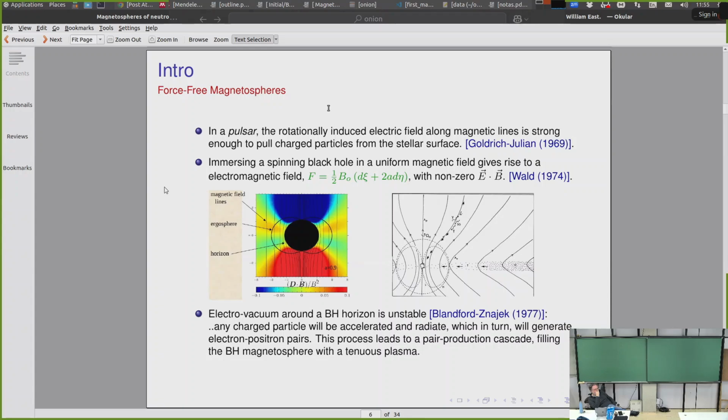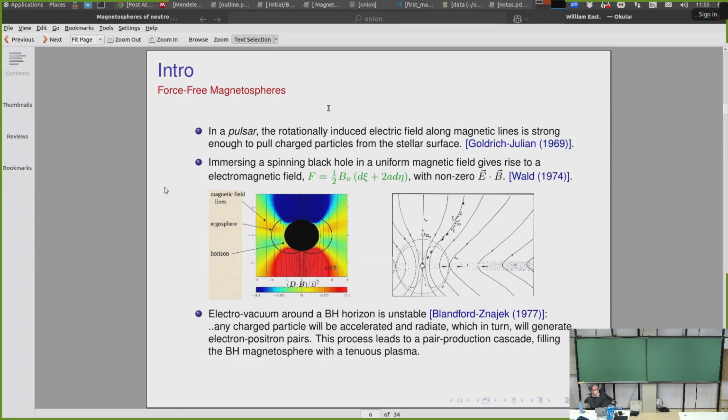So it is quite reasonable that in this context, the plasma will very quickly accommodate to cancel the Lorentz force. And that is what justifies the force-free approximation in these scenarios. Of course, we are talking about the exterior of the star in this case, for instance. To model the interior of a star, you need a lot more.